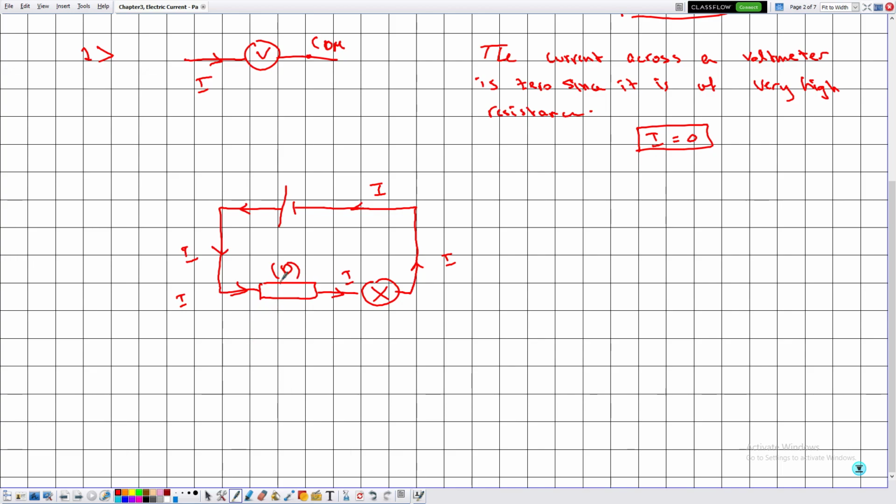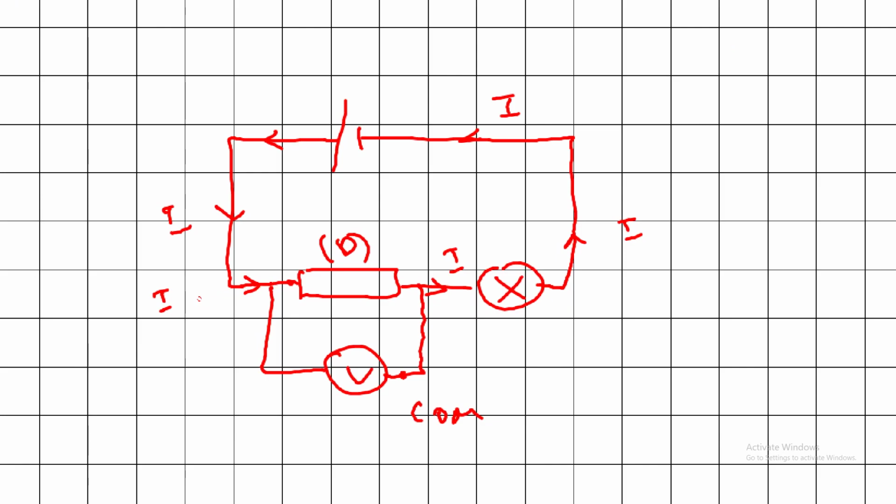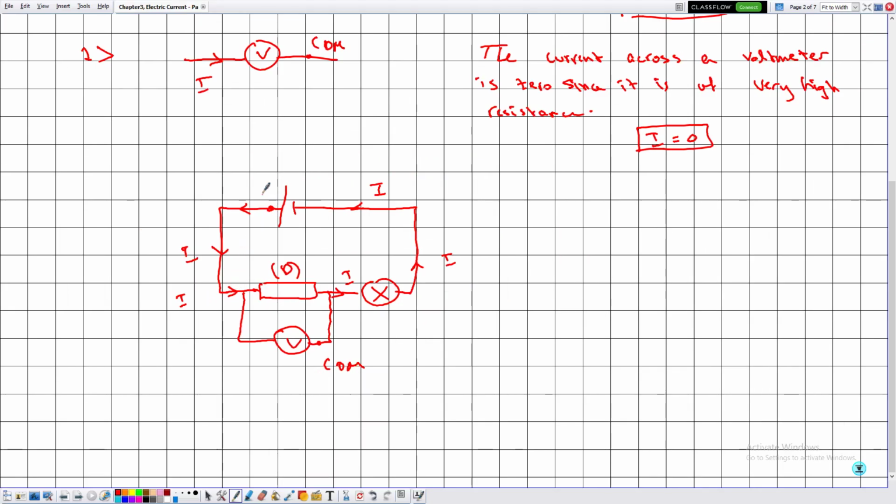We are interested in measuring the voltage across D. So we will connect it in parallel like this. Suppose that this is the COM terminal. Now let me label some points. This is P, this is A, this is B, this is C, and this is N.